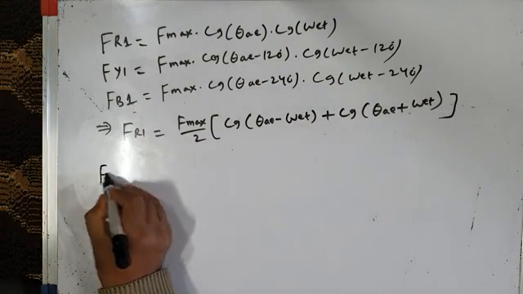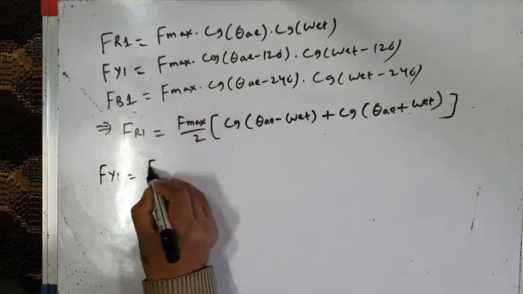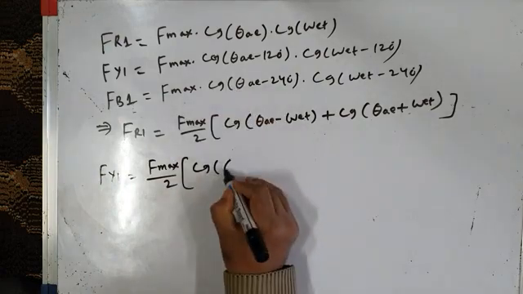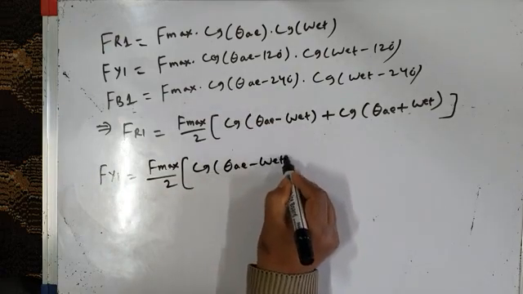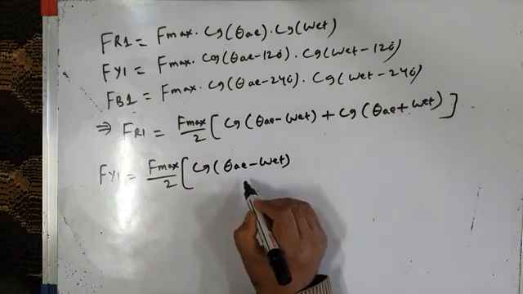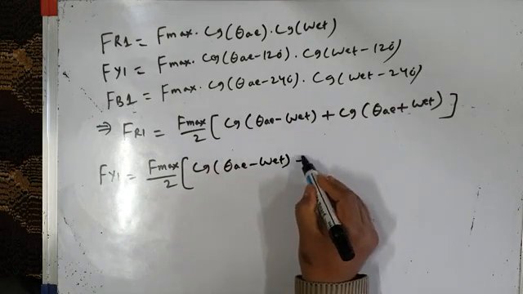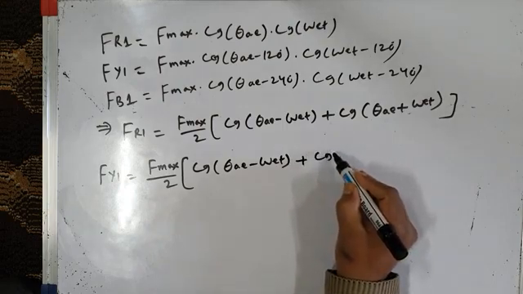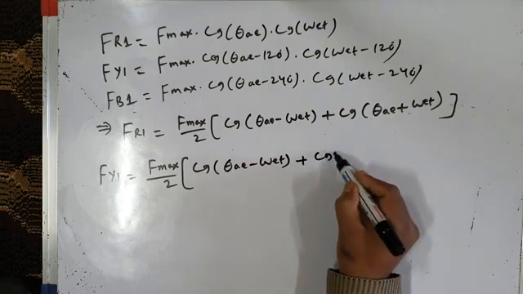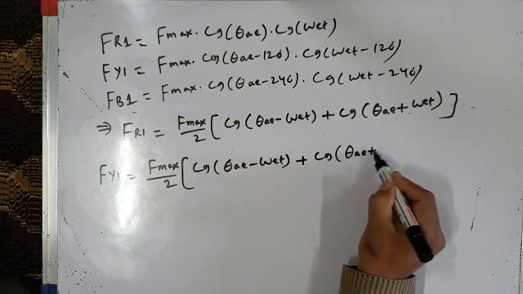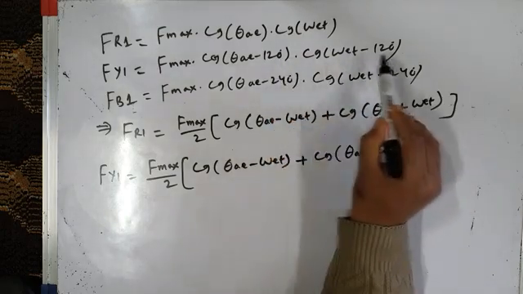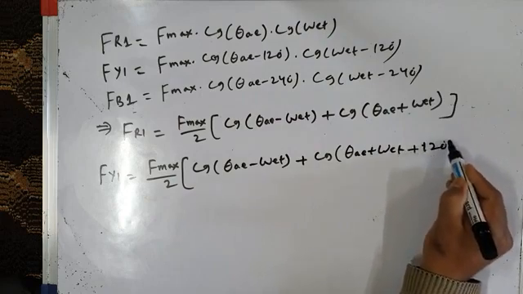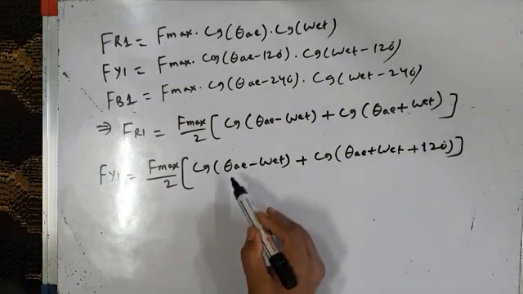What about FY1? FY1 is also F max by 2 into cos of theta AE minus omega ET minus 120 degrees. This is the component revolving in the clockwise direction, plus the component which is revolving in the anti-clockwise direction, that is cos of theta AE plus omega ET minus 120 degrees. Here minus 120 degrees minus 120 degrees is minus 240 degrees, that is also equal to plus 120 degrees.